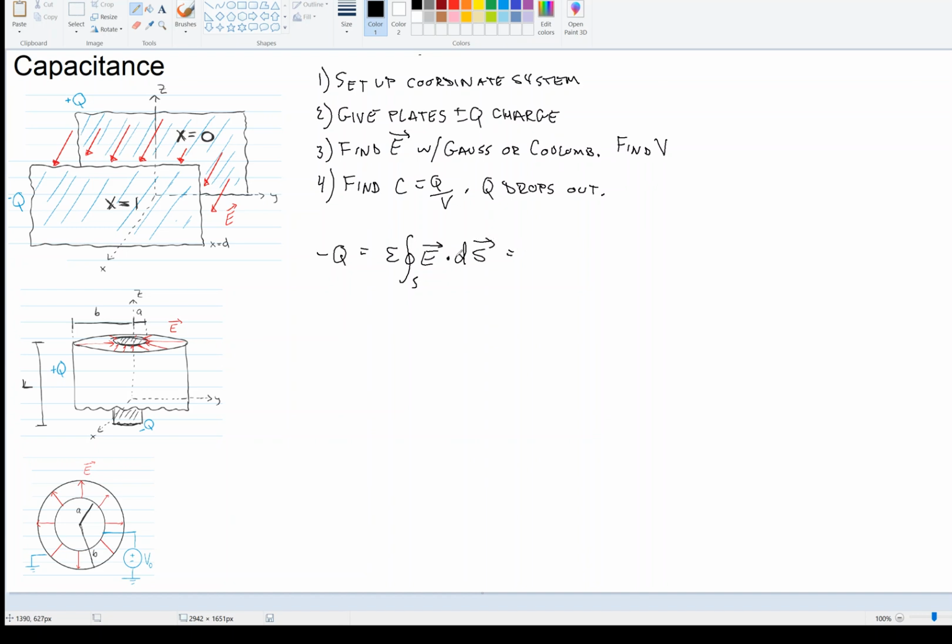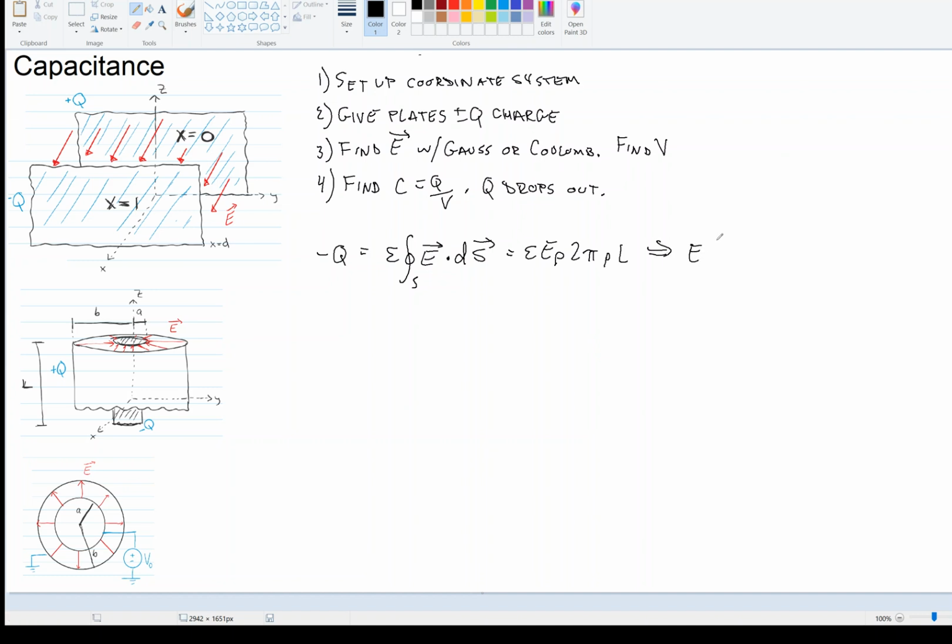Again, the electric field points radially, so this is E rho, and it's normal to the surface everywhere, and equal in magnitude to the surface everywhere. So the dot product is nice, the integral is nice, and we get this.